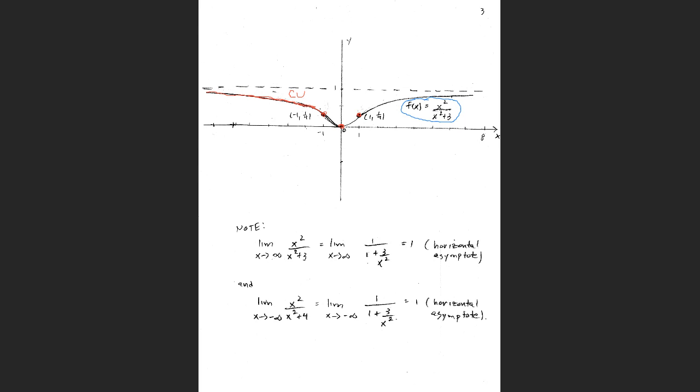Good. And then at -1, when x equals -1, the function continues to decrease until we reach 0. But what happened to the concavity here? At x equals -1, oh, I have an error here. Hold on. This should be concave down, right? Okay, one moment.